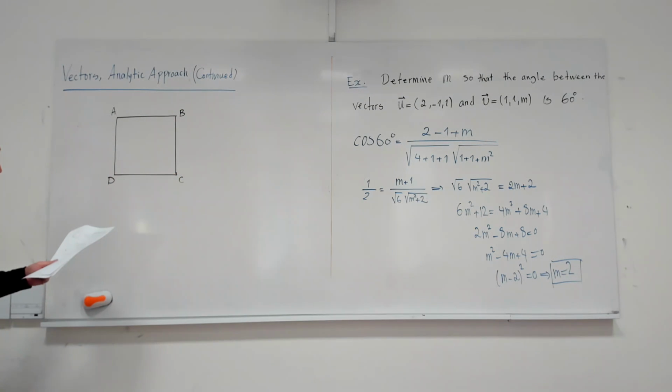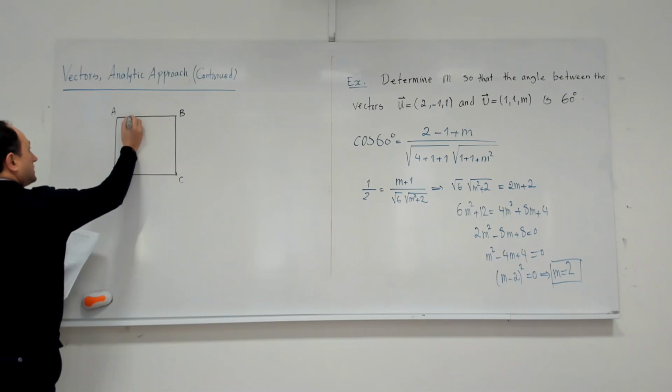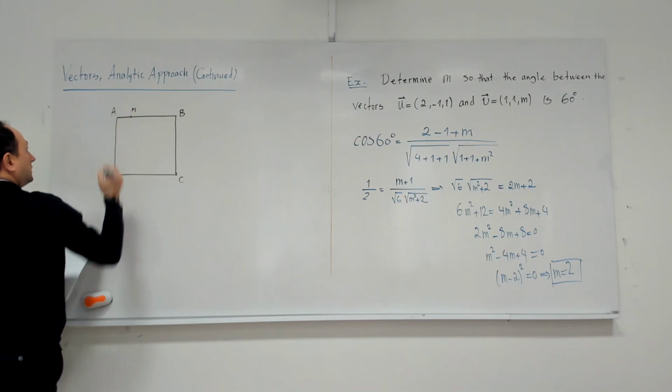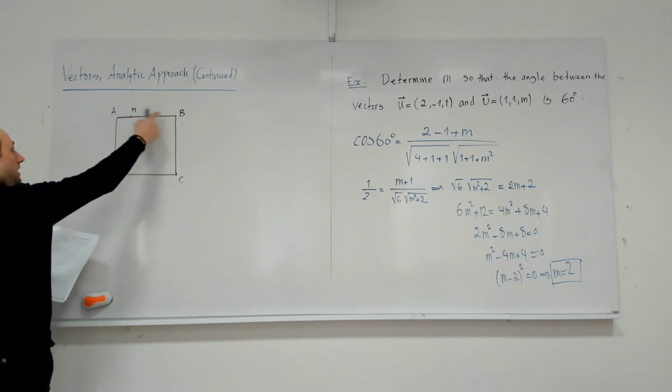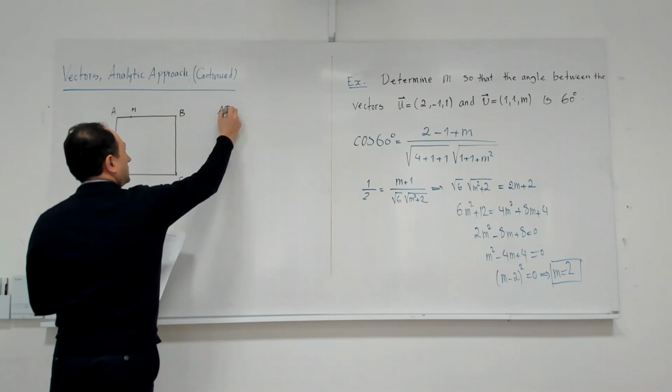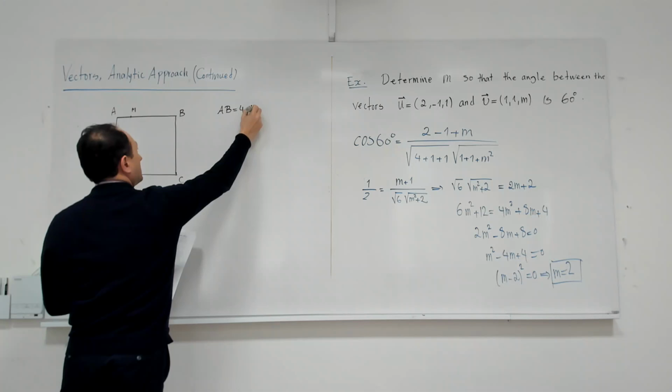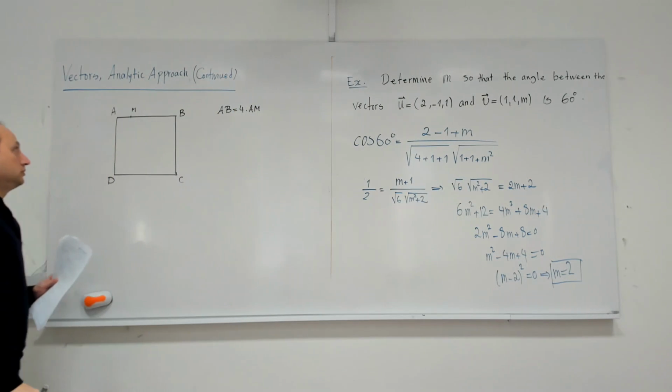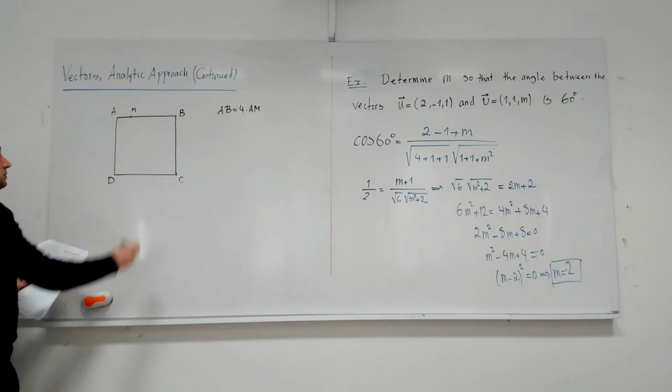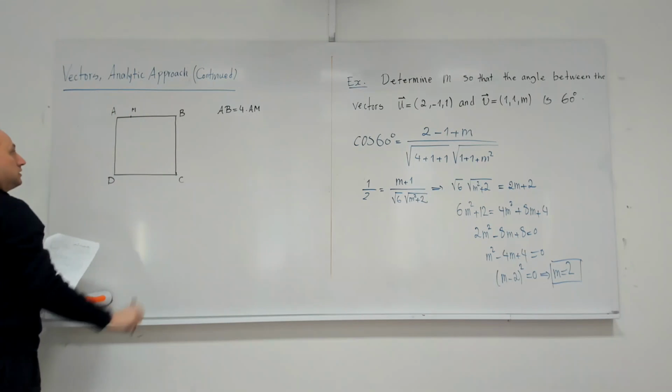What I know is that AB is 4 times AM. So I have this M here, and I know that AB is 4 times AM. So I divide it by 4, and then I take this point.